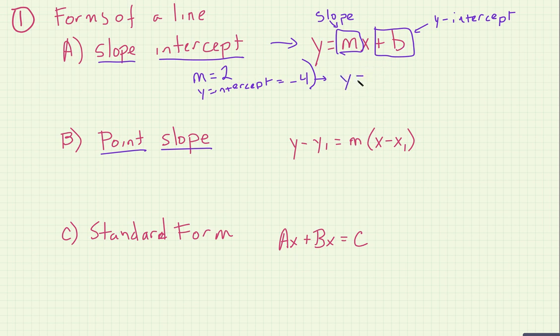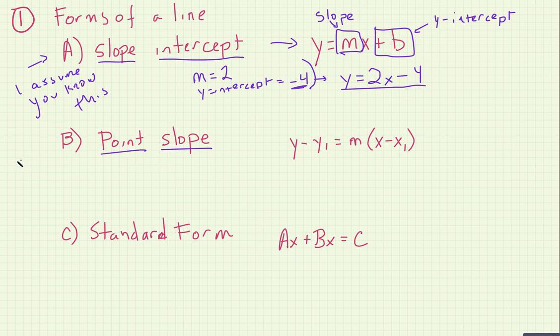So I would say y equals 2x minus 4. Why minus 4? Because the y-intercept is negative 4, and that's my form of the line. So this is something I assume that you know. If not, let me know and I can do another video on the slope-intercept form of a line.